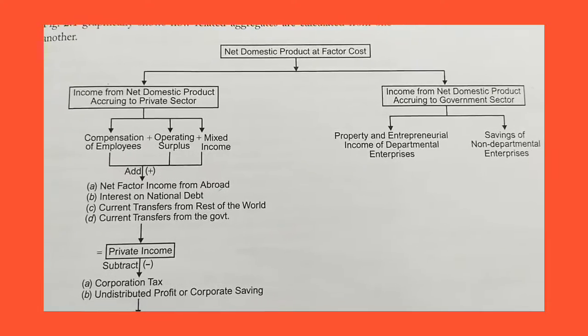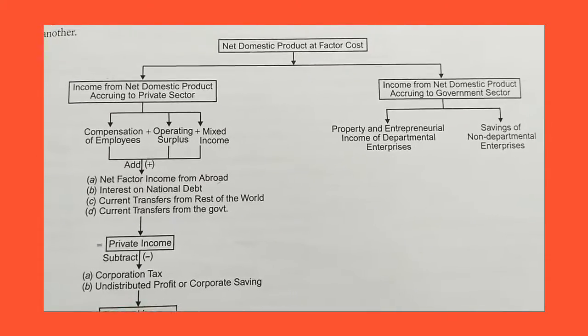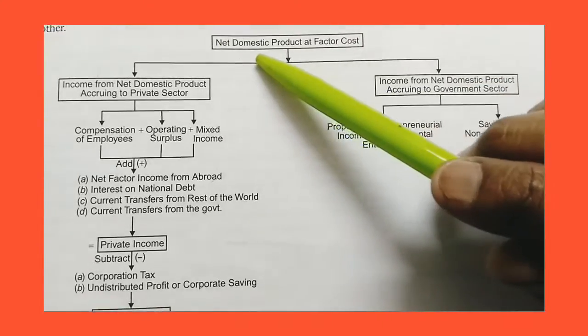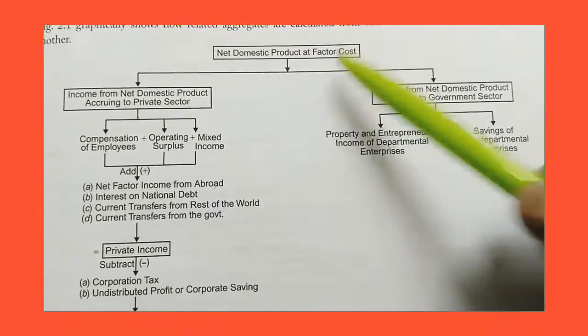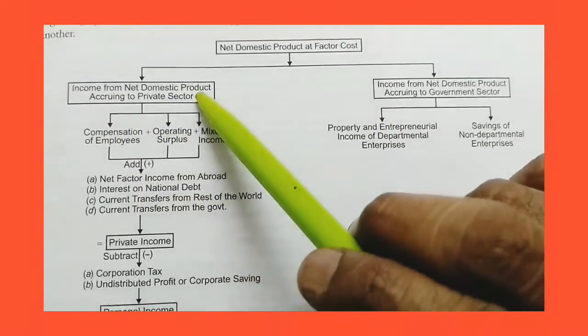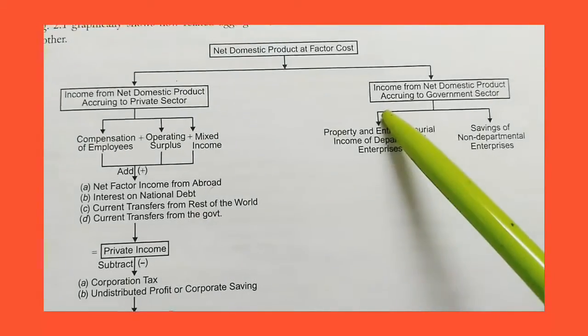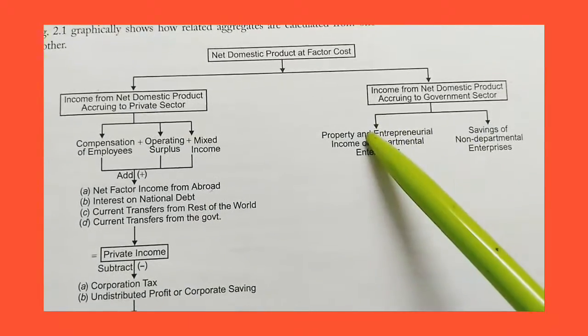It can be graphically explained in detail. This diagram shows how related aggregates are calculated from one another. Net domestic product at factor cost is income from net domestic product accruing to private sector plus income from net domestic product accruing to government sector.